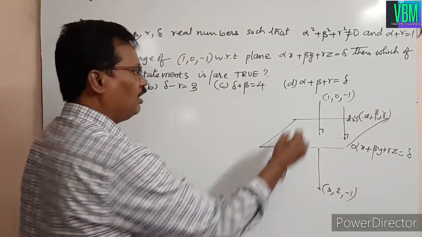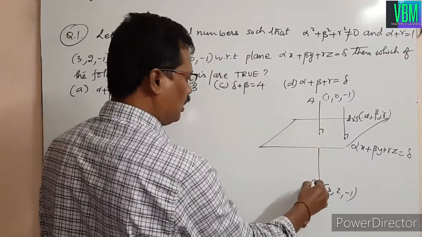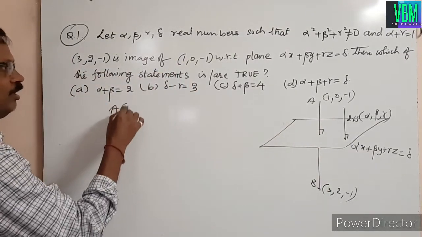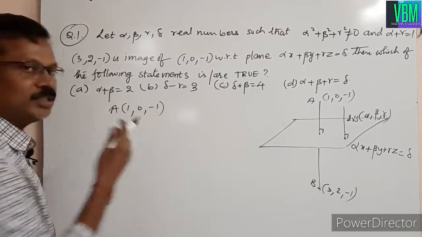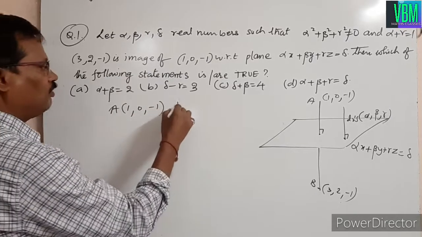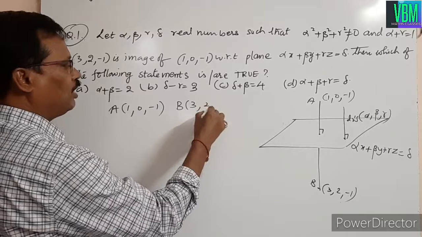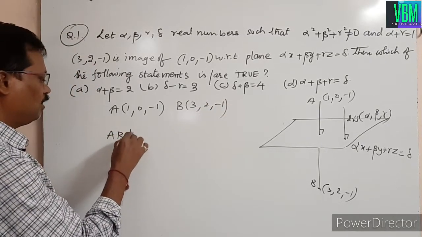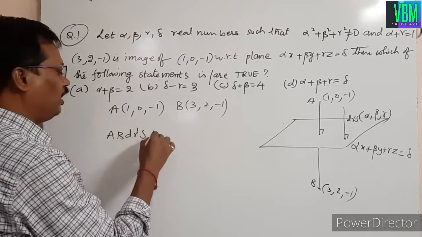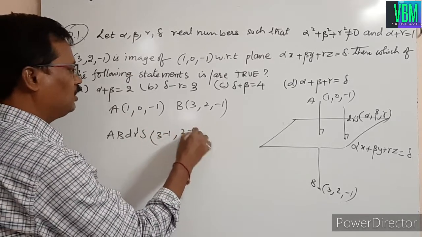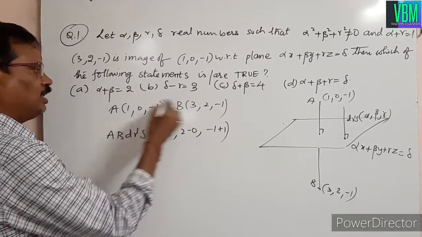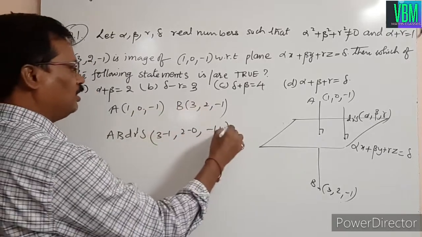And what about the AB DRs? Now let us consider A as (1, 0, -1) and B as (3, 2, -1). Therefore what are the AB DRs? x2 minus x1, y2 minus y1, z2 minus z1: 3 minus 1, 2 minus 0, -1 minus (-1).